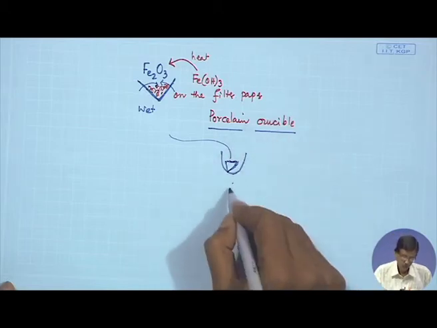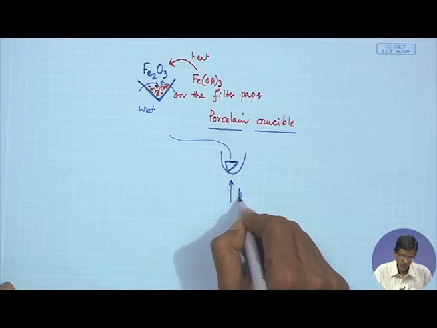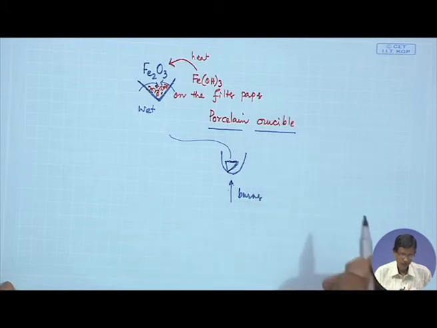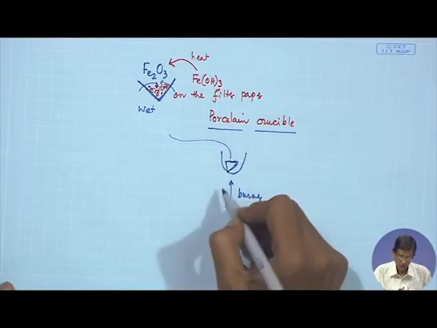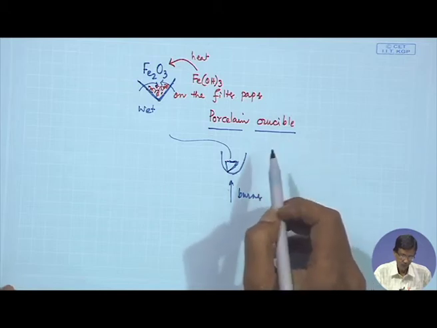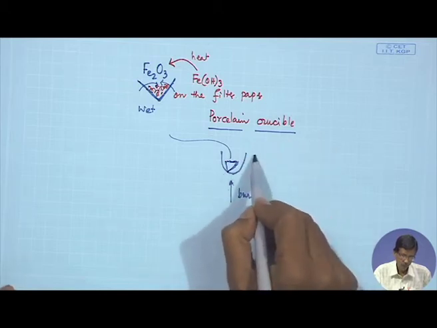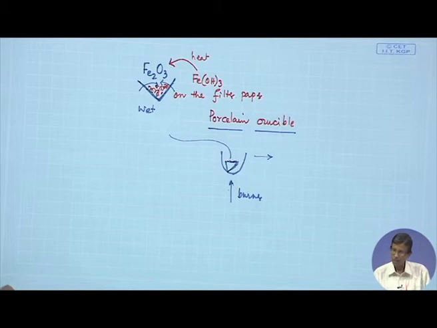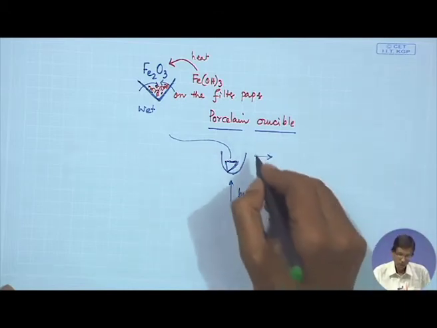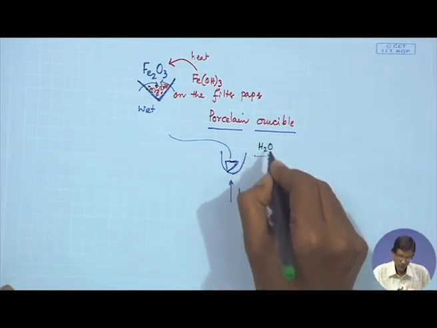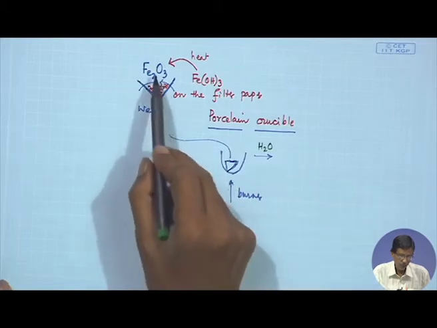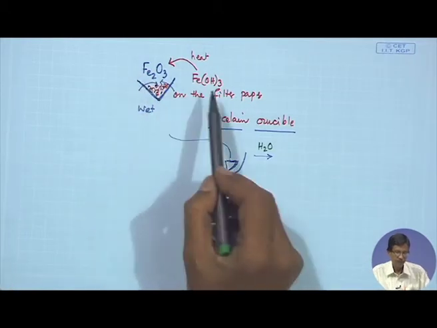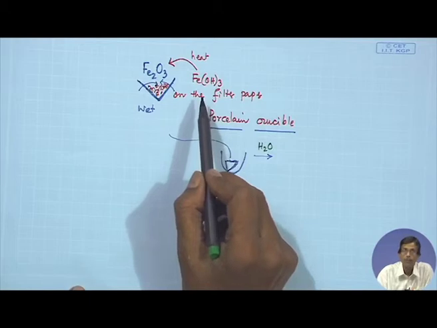Now if you put a burner on it, you have to burn everything. Initially you have to remove the water present in the filtrate, and some of it is trapped in the ferric hydroxide also.